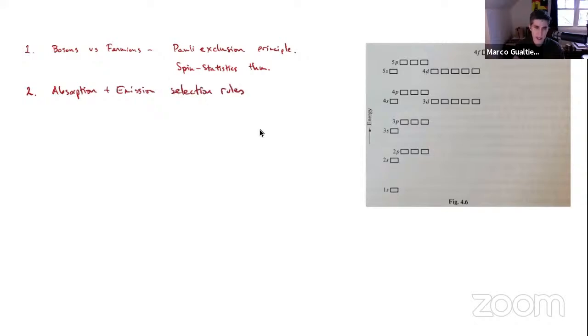I tried to explain last time, but I didn't make it, so I'll fix it this time. And then we'll look at kind of multiple electrons and degeneracies.